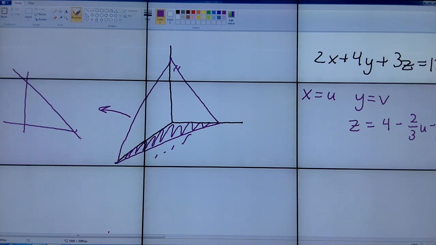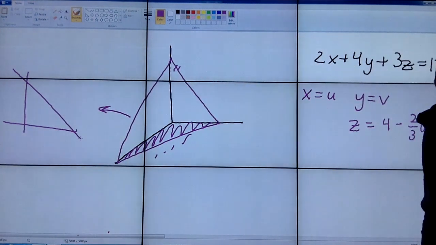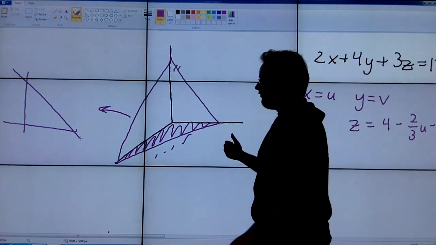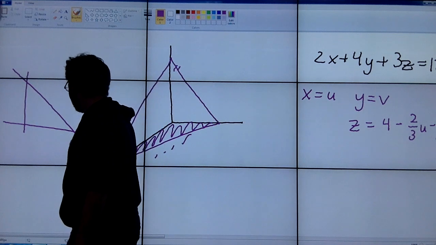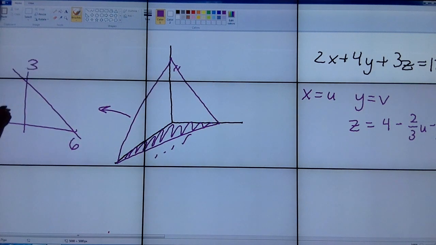Yeah, 6. You're basically setting y and z equal to 0 and solving for x. What value of x causes 2x to equal 12? That would be 6. What value causes 4y to equal 12? That would be 3. What line connects the points 0, 3 to 6, 0? That would be the line y equals 3 minus 1/2 x.